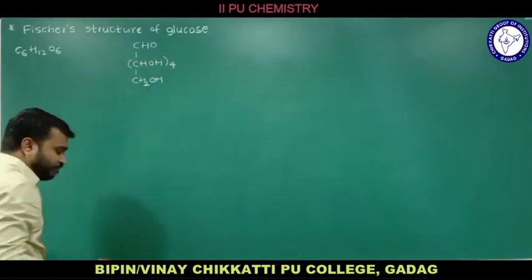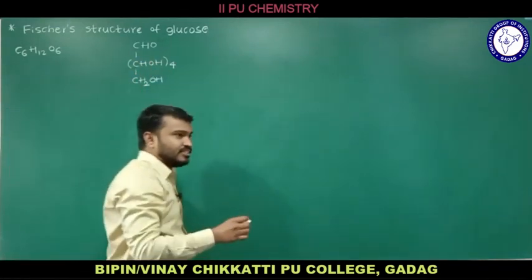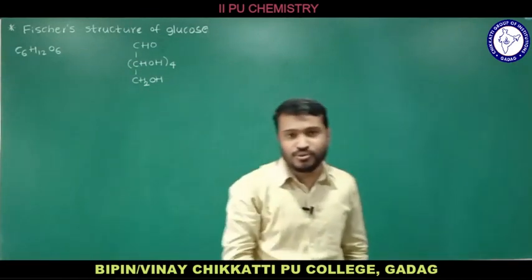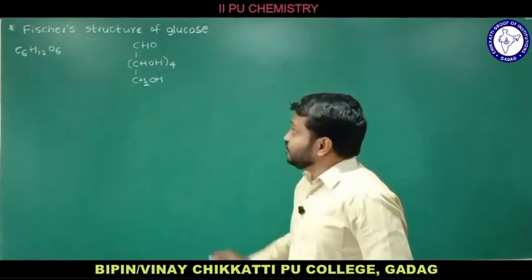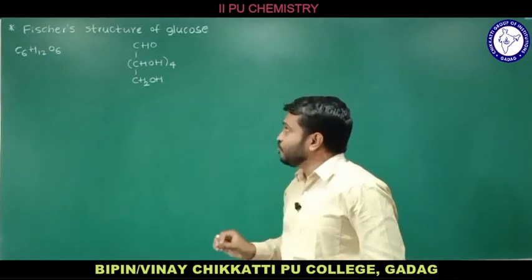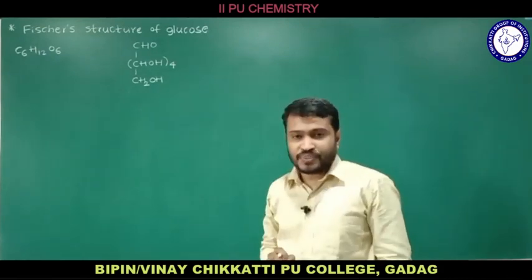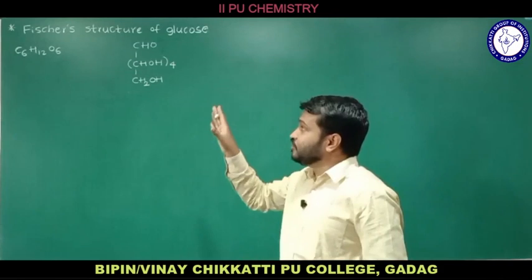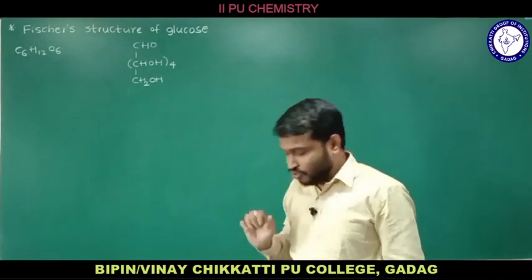Using this structure we have written the reactions of glucose, as you know. So this is the known concept, and now we'll see what Fischer's open chain structure of glucose actually is.